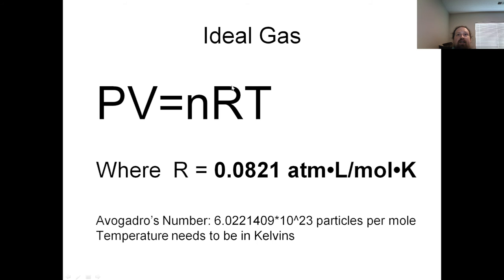In the ideal gas law formula, R is a constant. And if you are using units of liters and atmospheres, then that constant is equal to 0.0821. There are some other versions that correspond to other units of pressure and volume, like pascals for pressure or meters cubed for volume. So this is just one possible R constant.